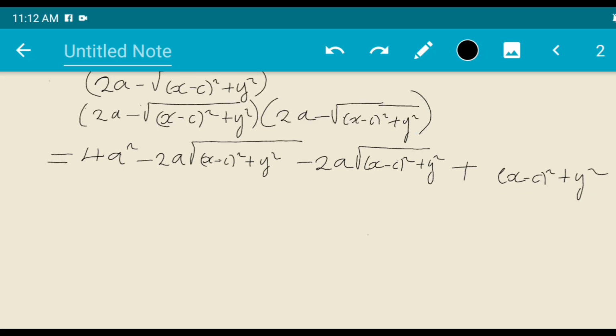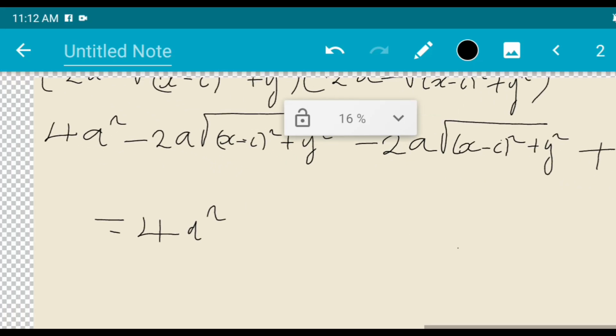As we may see, when we have negative 2 minus 2, it is just the same as negative 4. In a similar way, this whole thing is the same as this. So that is going to be 4a squared minus 4a, square root of x minus c squared plus y squared. Let me just zoom in a little bit.